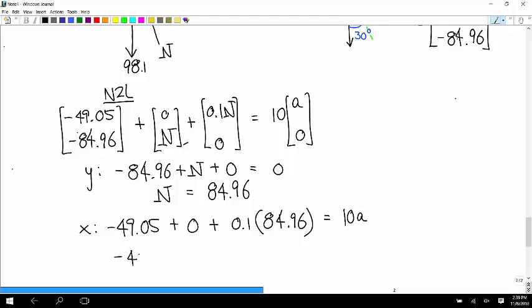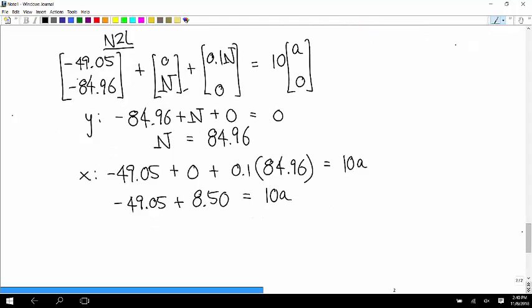So negative 49.05 plus 8 point, I'll write that as 8.5, is equal to 10a. And so that says negative 40.55 is equal to 10a.